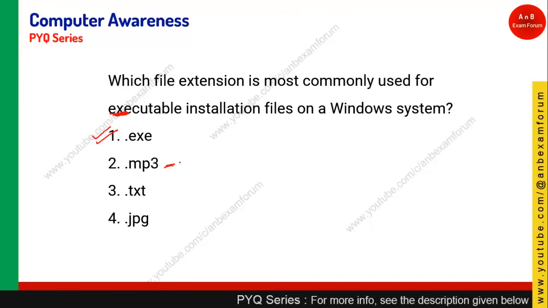Yes, it is for music. .txt is for text, as it seems to be the abbreviation of text. JPG, nowadays everybody is applying for the exam, so they know that it is for images. Whereas exe is for the executable. So option 1 is the right answer.